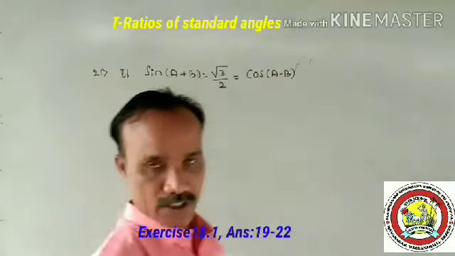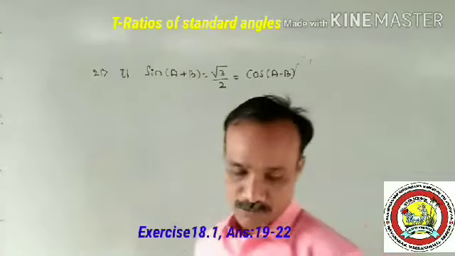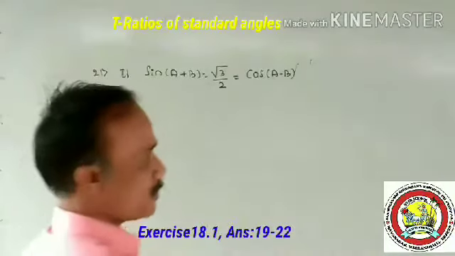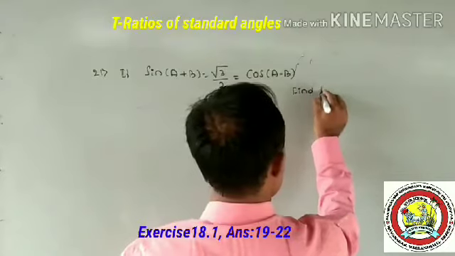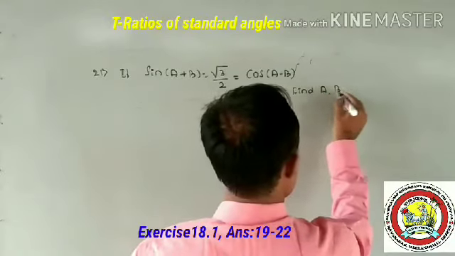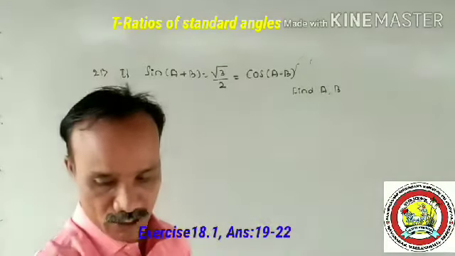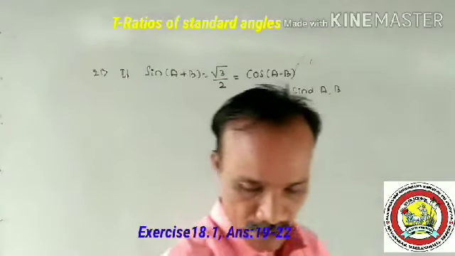Sin of a plus b is equal to root 3 by 2, which is also the same as cos of a minus b. The question is to find the values of a and b.